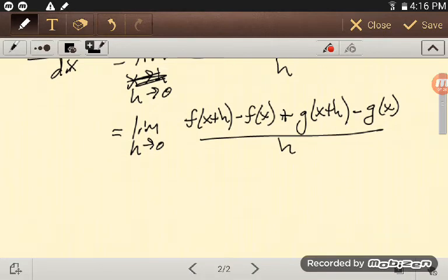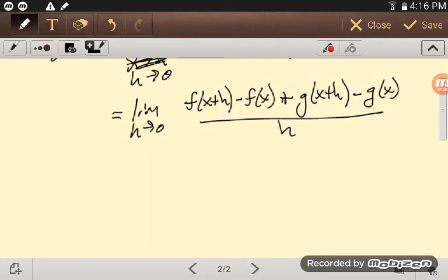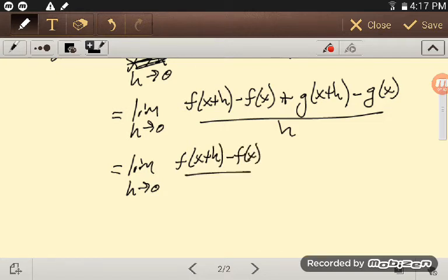Now, once I've rearranged terms, I can split up my fraction into the sum of two fractions. So this is the limit as h goes to 0 of f of x plus h minus f of x over h plus g of x plus h minus g of x all over h.